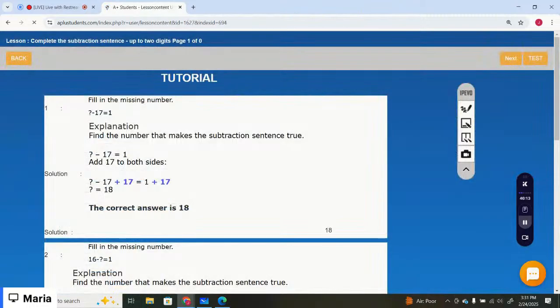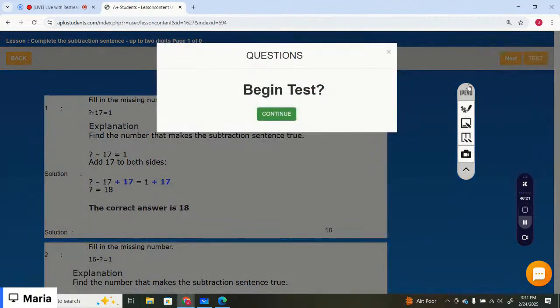Complete the subtractions in tens up to 2 digits. Let's just start with the test questions.